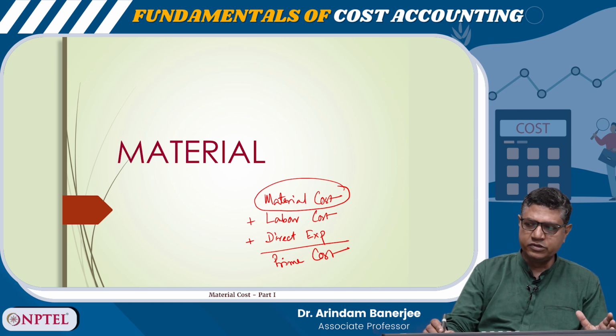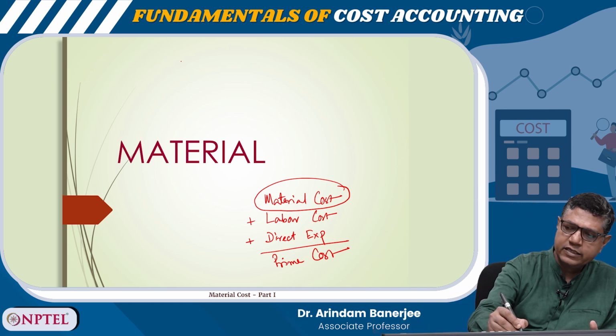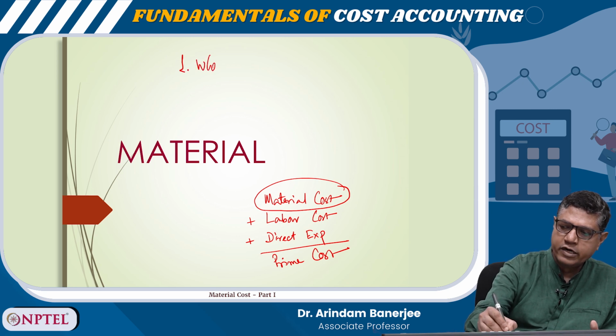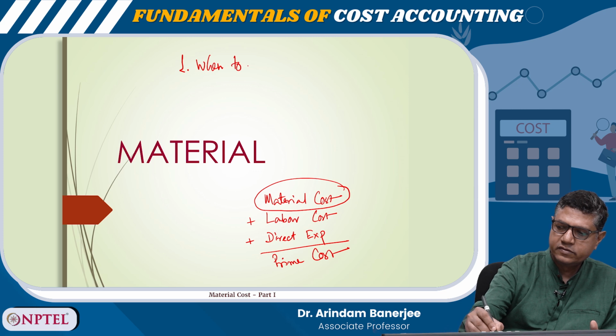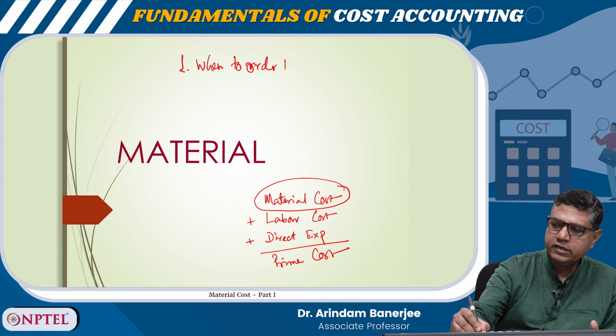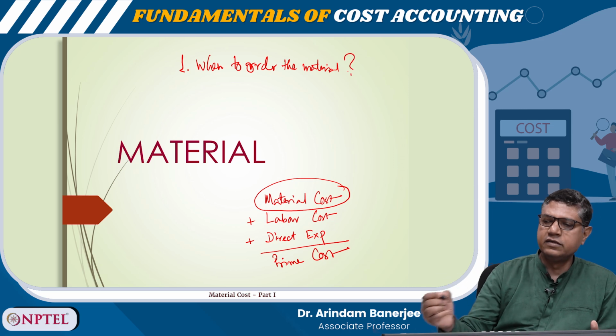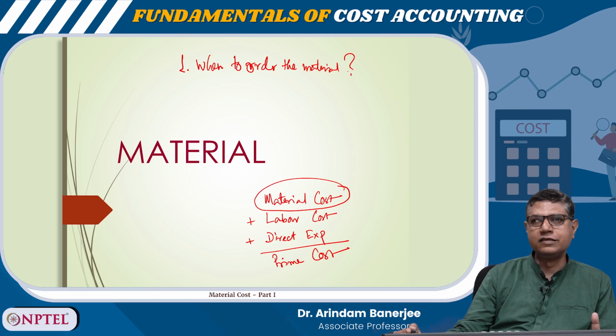Our objective in this module is to answer the following questions. First, I am just doing a recap. First question is when to order the material. We will try to find out how to answer this question.